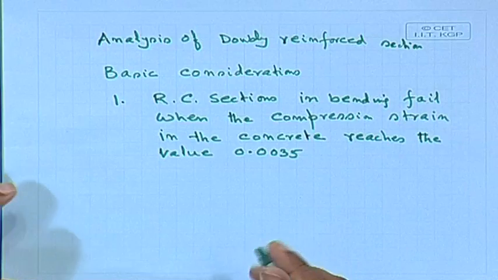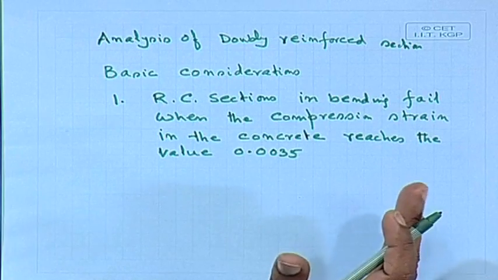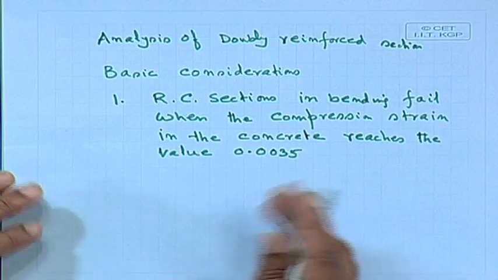We shall assume few cases. 0.0035, that is the strain in concrete, and here also it is valid in doubly reinforced section also.